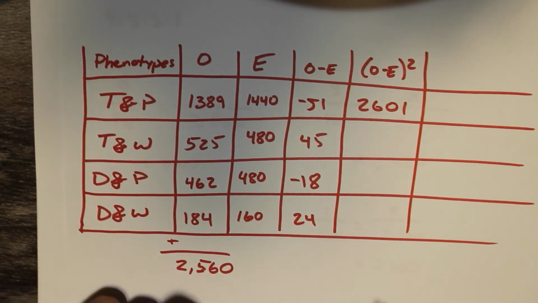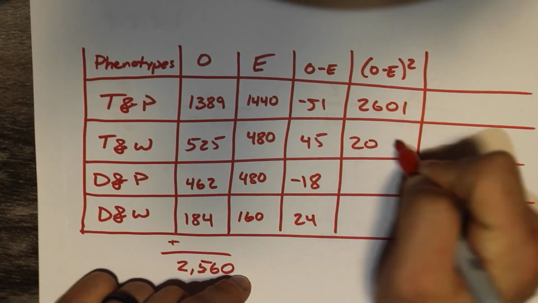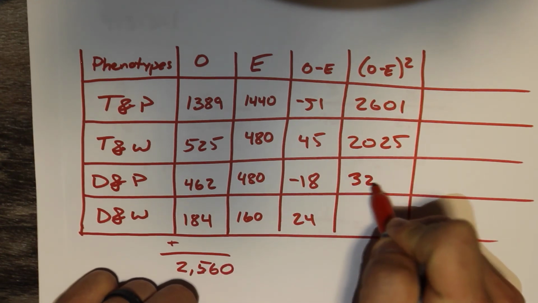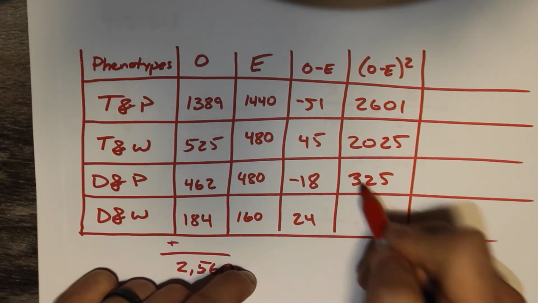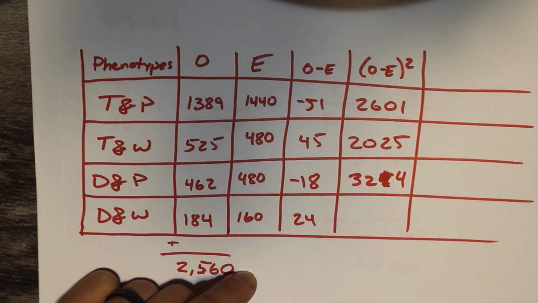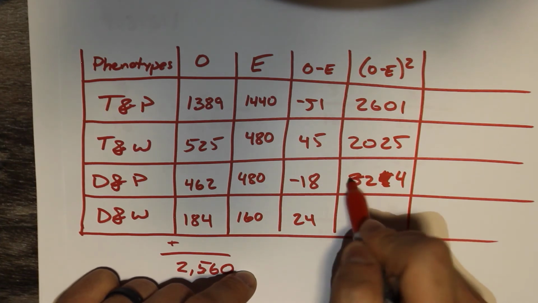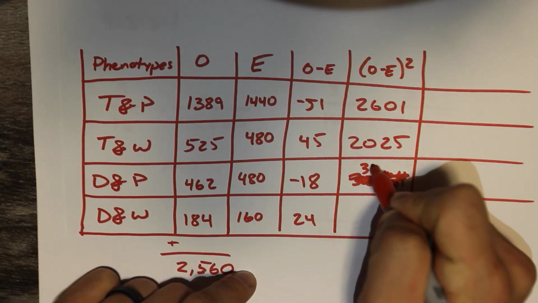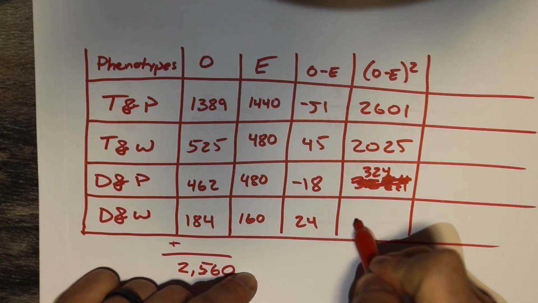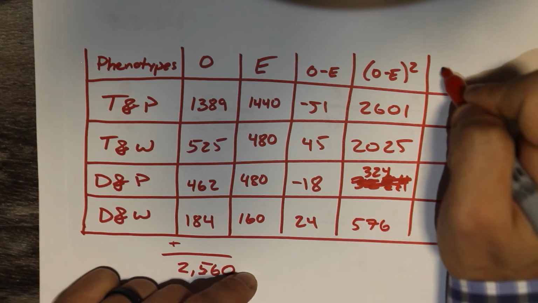When we do 45 squared, 2025. Negative 18 squared is 325. I'm sorry, 324. My fault, guys, that looks bad. 324. And then lastly, 24 squared is 576.